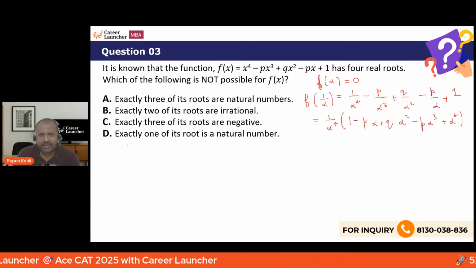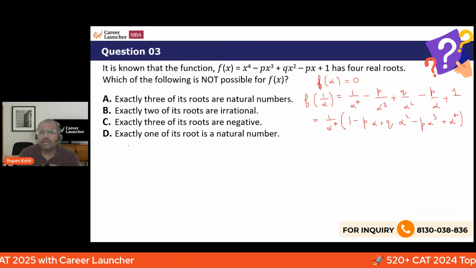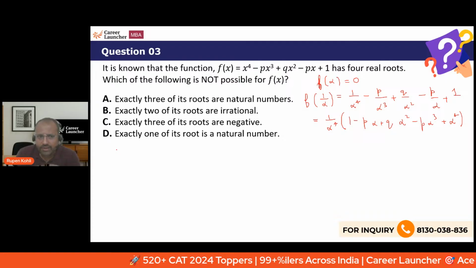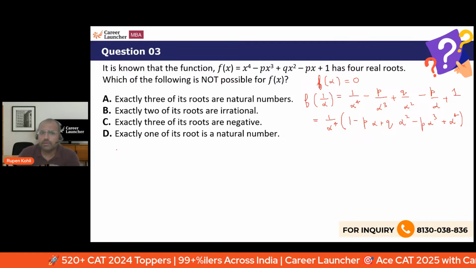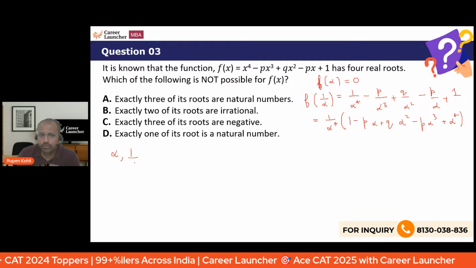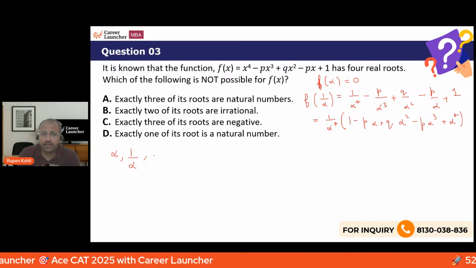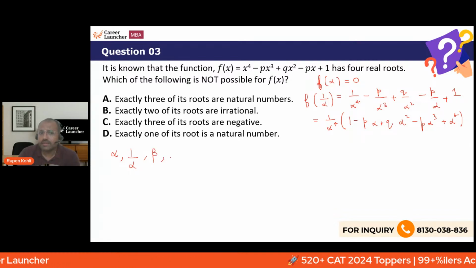Can I say that this must hold true for any root? What does that tell us? If alpha is one of the roots, then 1 over alpha should also be a root. We know that all the roots are real and there are 4 roots. So another root, let's say beta, is there. Then its reciprocal, 1 over beta, should also be there.